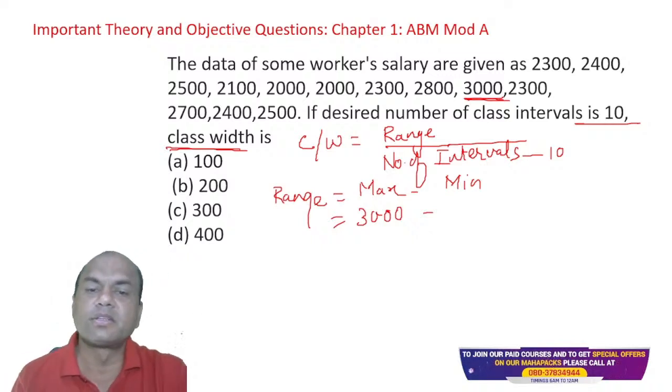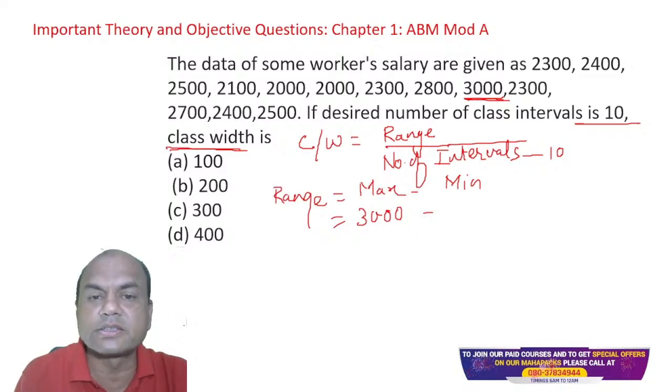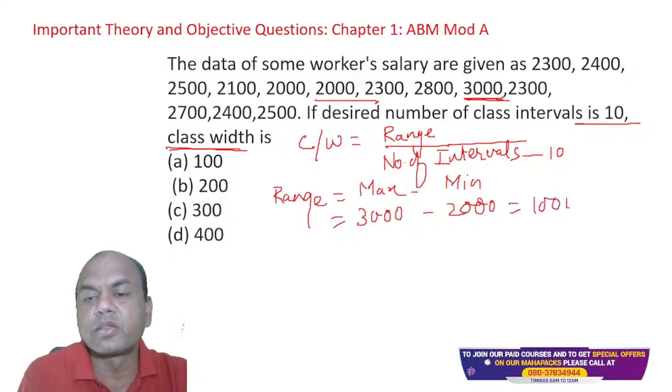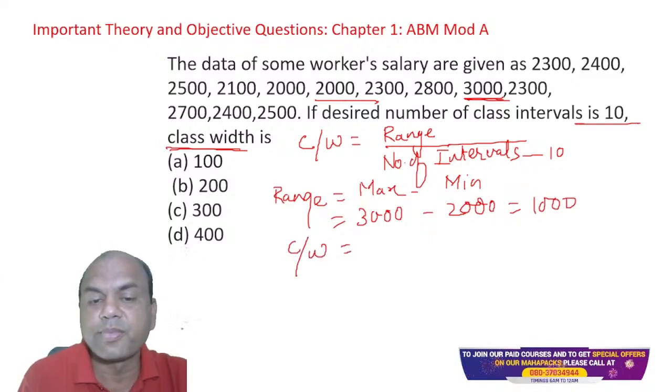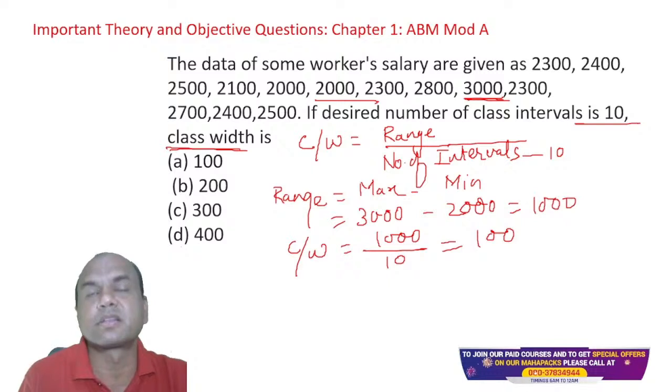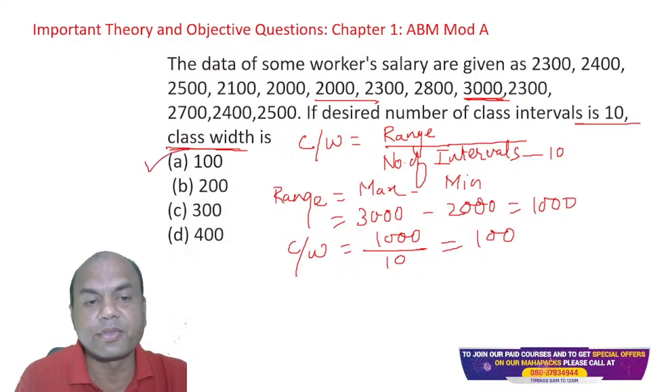Minimum number is 2000, correct? This is the lowest number. So range is 3000 minus 2000, so 1000. So class width equals 1000 upon 10, that is equal to 100. So this is my answer. Class width is 100.